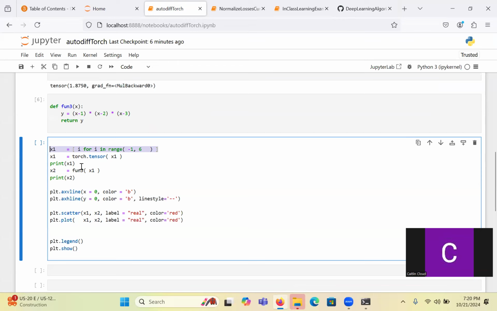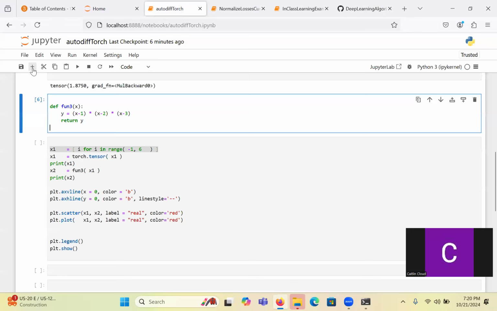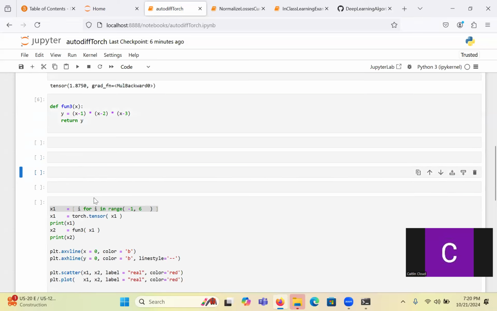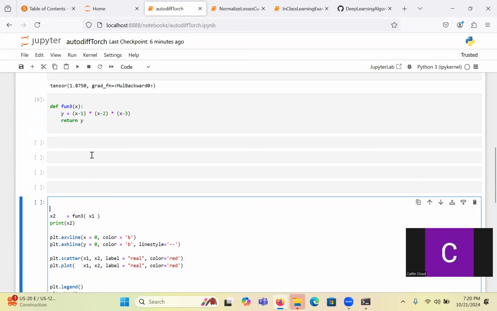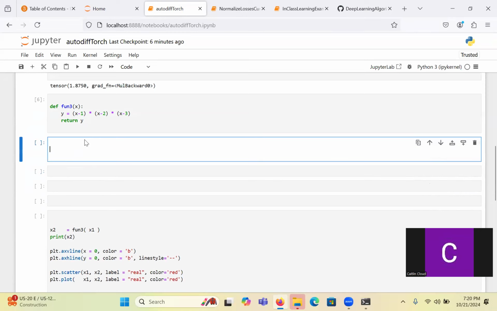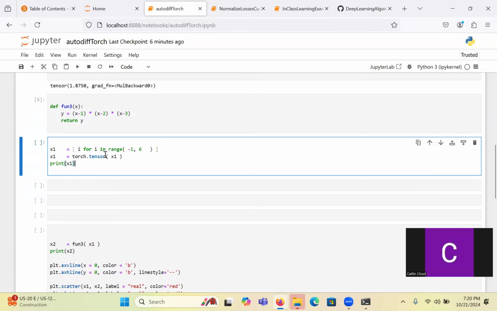So let me actually break this up at the points. All right, so I did x1, and then I just converted it to a tensor. Why do I convert it to a torch tensor? Because I'm going to want to do differentiation, and torch does that, not NumPy, right? So print it out.